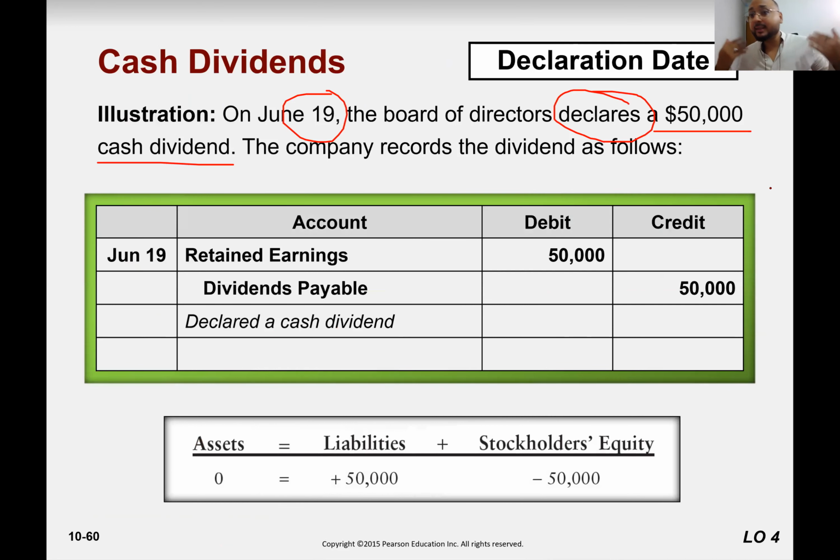So when you declare the dividend, the entry is going to be retained earning decreases, because dividend decreases the retained earning. Formula is retained earning, opening retained earning plus net income minus dividend.